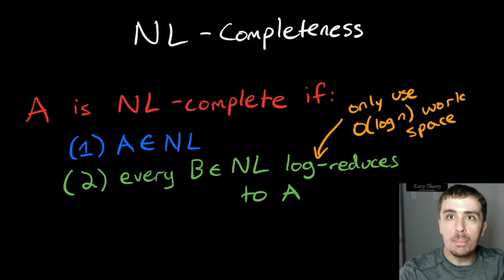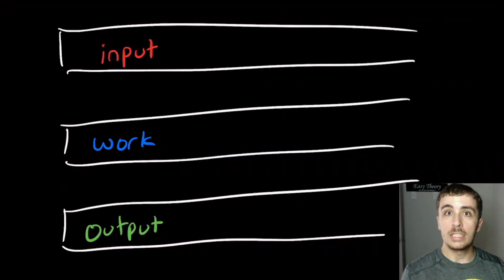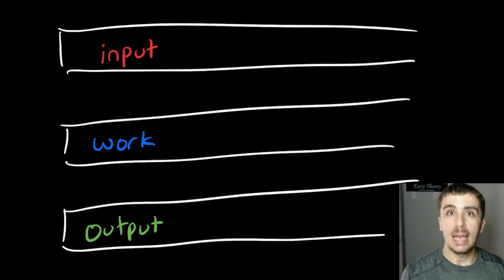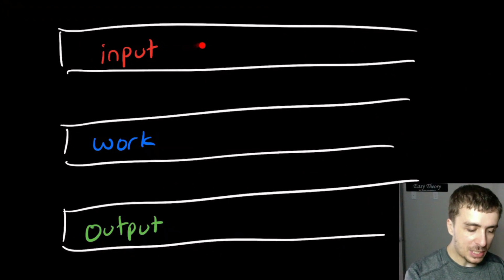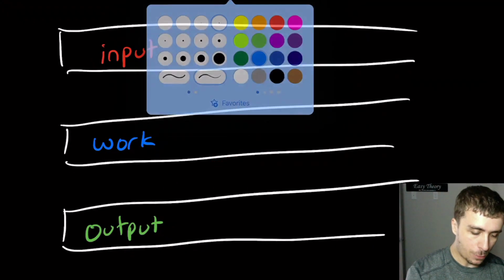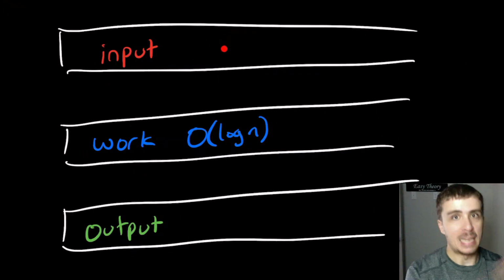And on the output tape, whenever the B machine is done, so let's try to visualize this a little bit better. So we got the three tapes here, and this is going to be the reduction machine. It's gotten some input right here, it's going to do some work right here, and of course we can only use at most log n space here. The input, we can never modify it, so that doesn't matter.